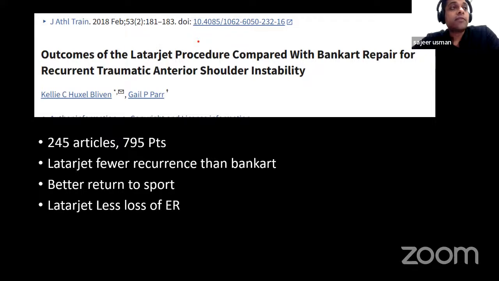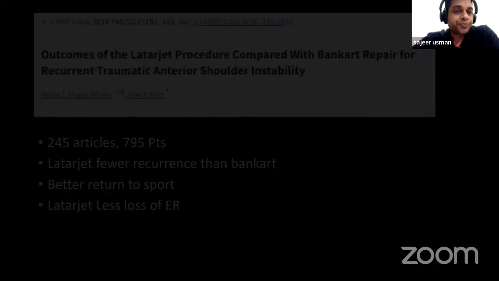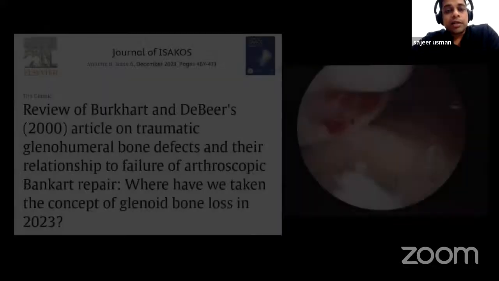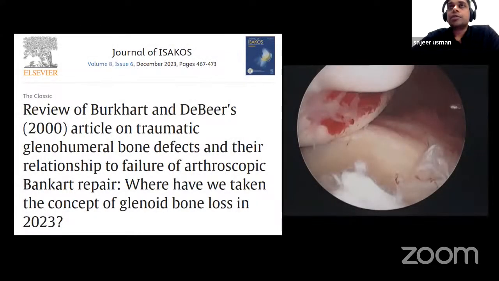And Latarjet has, in fact, less loss of external rotation. That's what people say, that doing a Latarjet can result in stiffness, but that's not the case in the literature. Of course, it is a radical procedure. It employs using screws, and the graft can break, the graft can lyse, and there are serious complications that we are looking at. But it is an excellent procedure to apply.